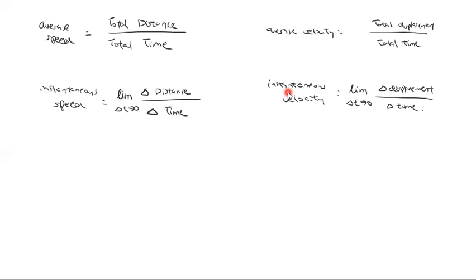Does that make sense? Yeah. Now, because your change in time approaches 0, instantaneous speed is basically equal to the absolute value of instantaneous velocity. So if you ever ask questions about speed, you would work out velocity and then just get rid of any negative signs that you might have.